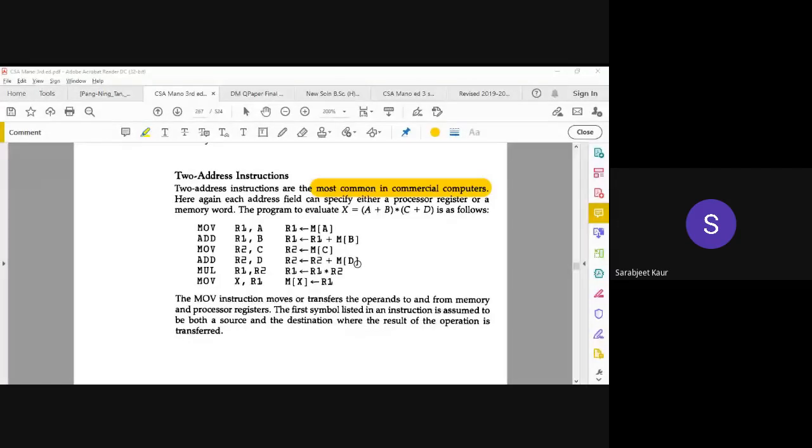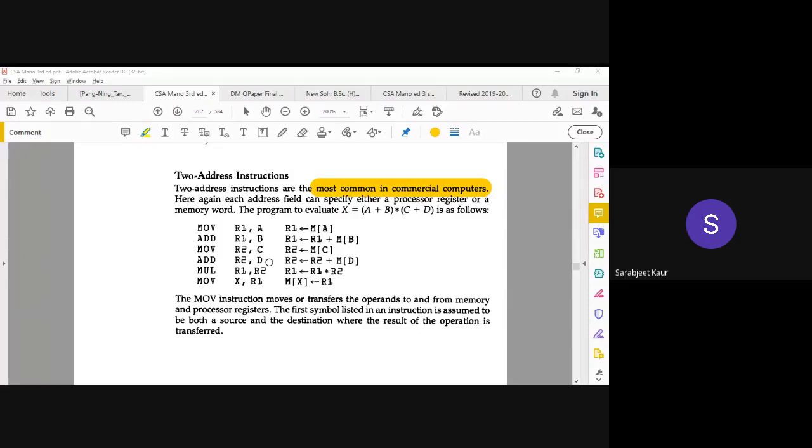Right. Now let us see if we rather had two address instructions, then how would we have done this? On your screen now, we are trying to take up the same expression so that the difference is clear to you now.